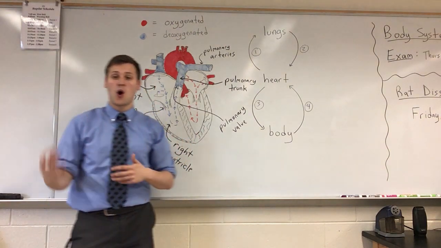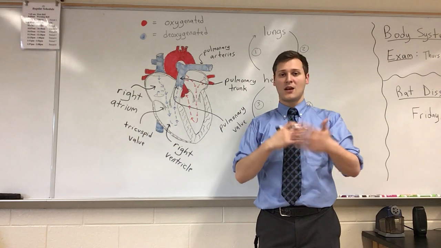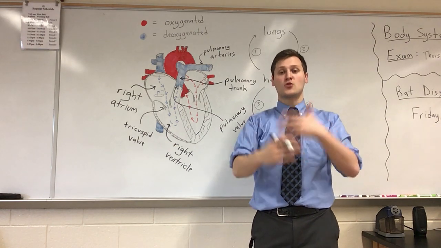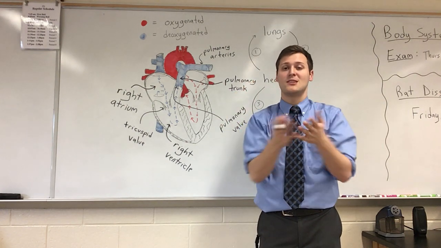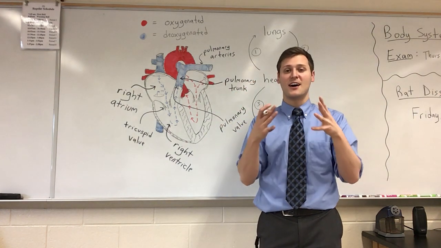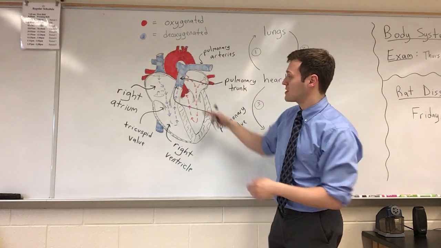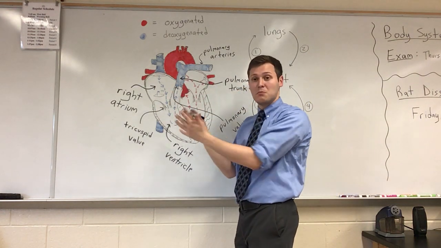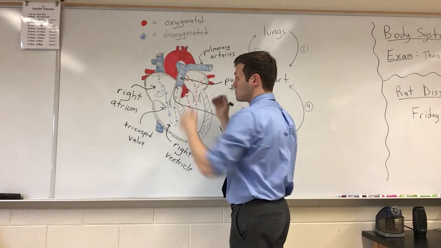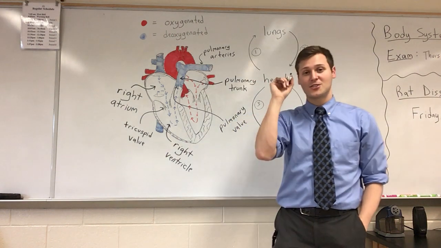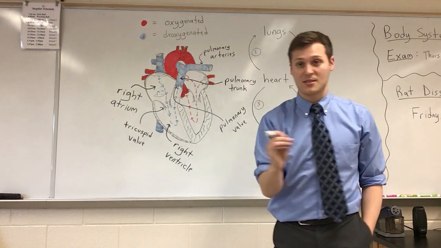We're going to talk about arteries versus veins later on, but just to give an introduction, arteries move blood away from the heart. They tend to be thicker because they're handling a lot of pressure. So in this case, deoxygenated blood, blood that does not have oxygen, is being pumped away from the heart. Also, what I want you to know is that if you hear the word pulmonary, think lungs.